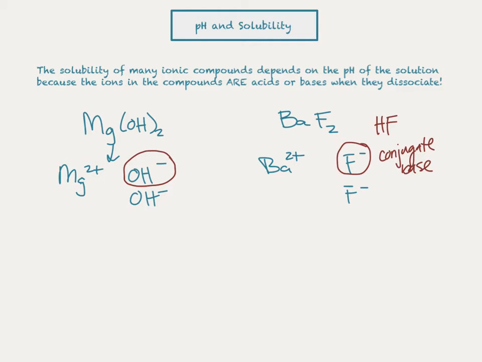Now, where these problems get really tricky is that some salts will mess with pH and others won't. You have to be really careful. It's only the conjugate bases of weak acids that do anything.